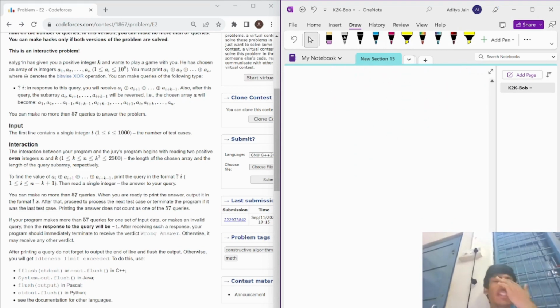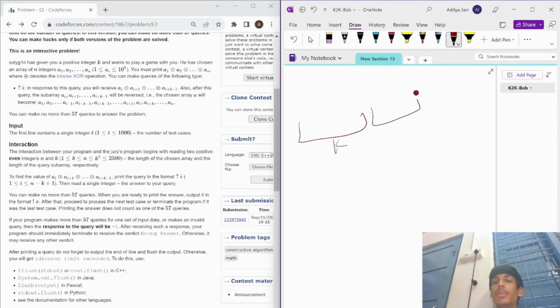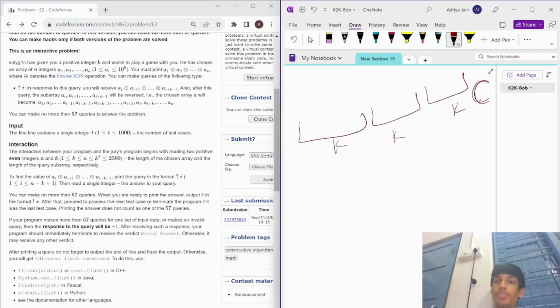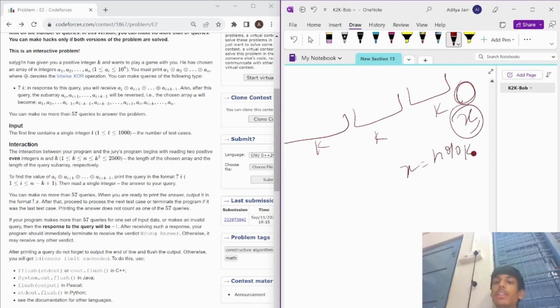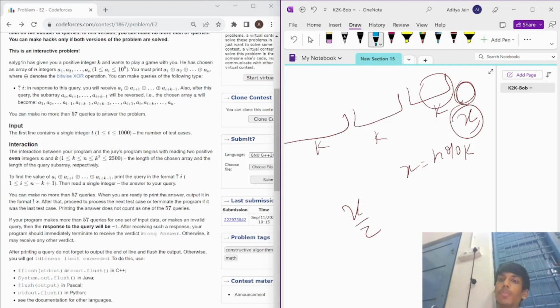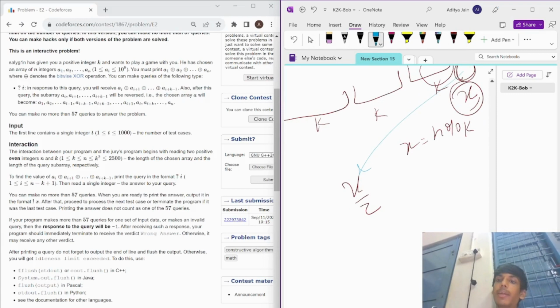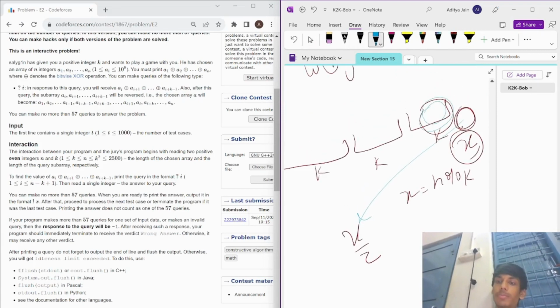So let me summarize this part. First we'll find the XOR of all the k element segments. Then we'll be left with some terms here. Suppose the number of terms left is x, equal to n percent k. What I'll do is, I'll take x by 2 terms from the remaining x terms and k minus x by 2 terms from here.